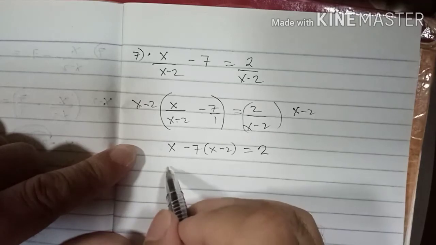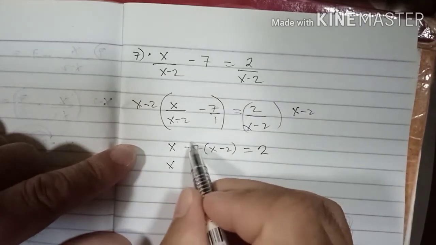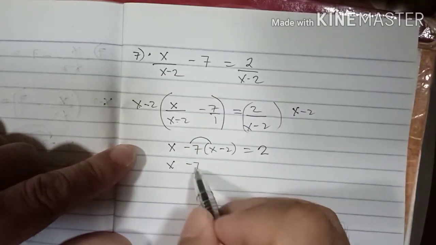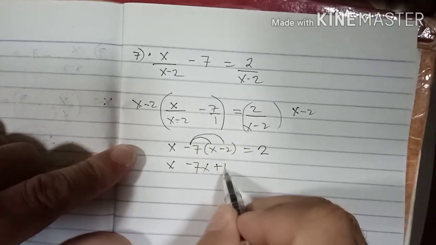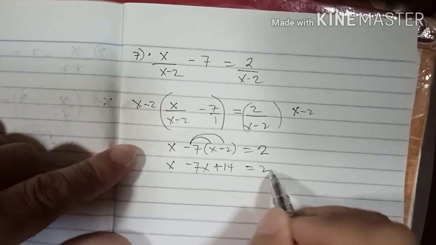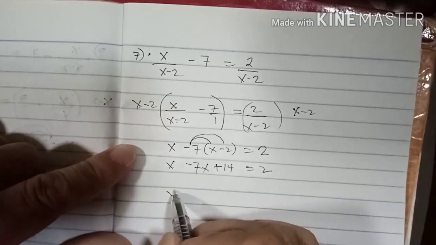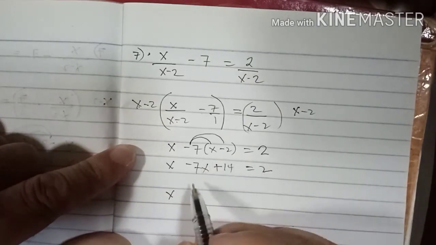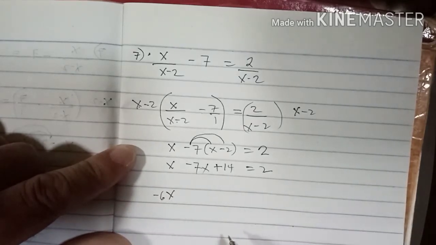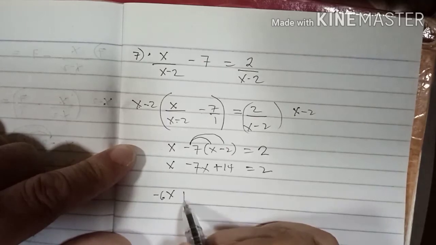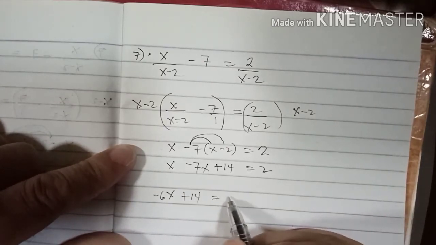So let's simplify further, that's x, negative 7 times x, that's negative 7x. Negative 7 times negative 2, that's positive 14, is equal to 2. Now let's have here x. Okay, so x minus 7x, that's negative 6x plus 14 is equal to 2.